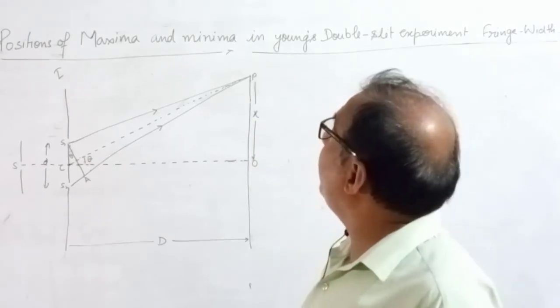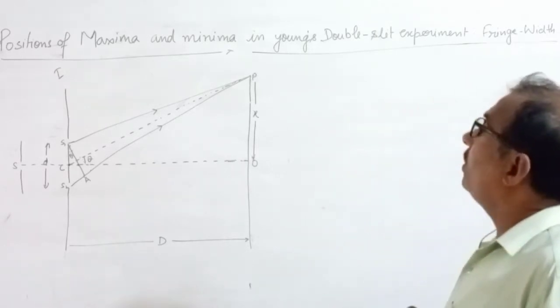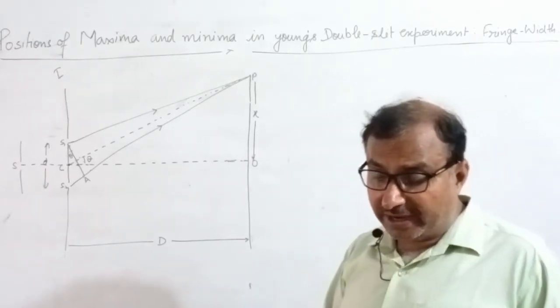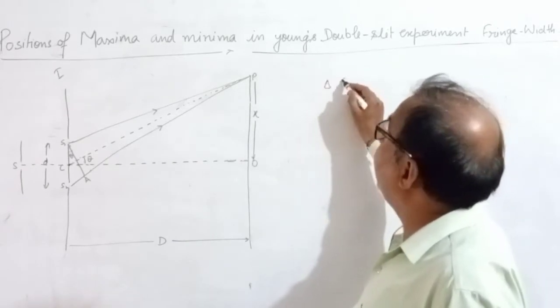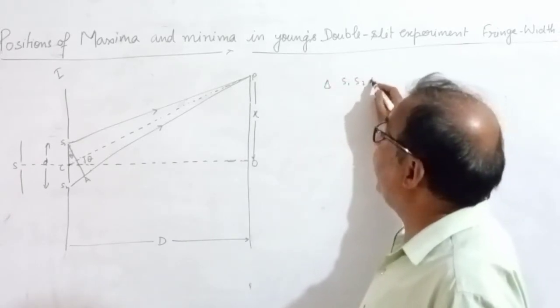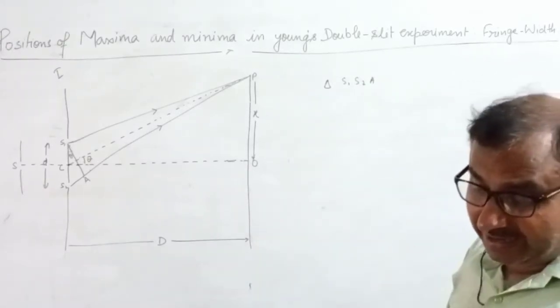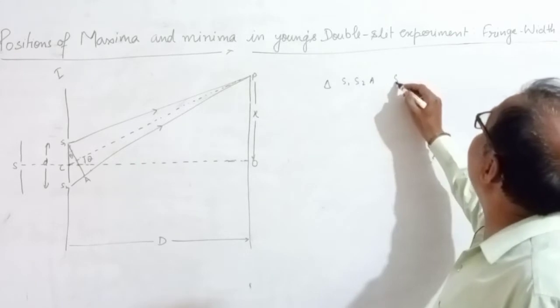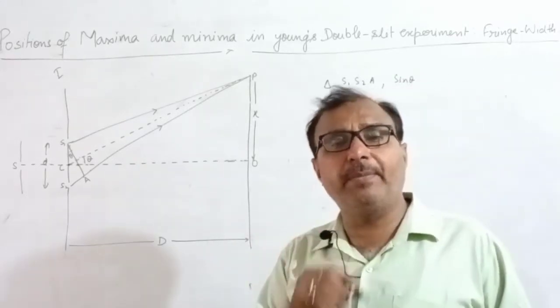These are similar triangles. Right? So, in right angle triangle S1, S2A, sin theta equal to perpendicular upon hypotenuse.